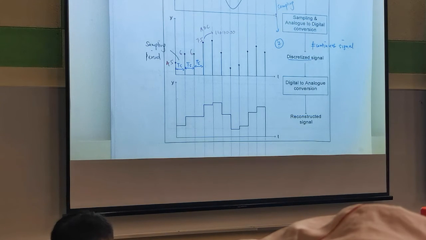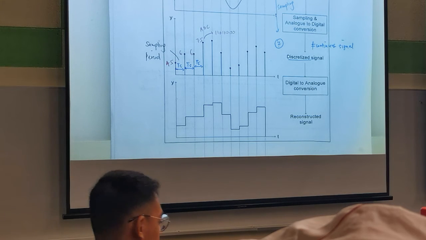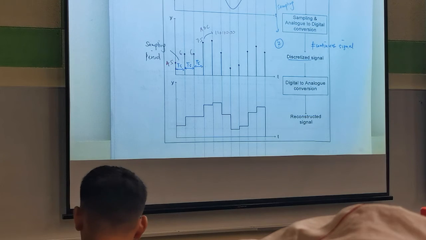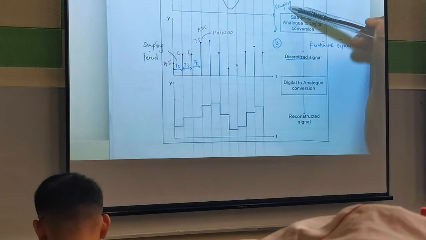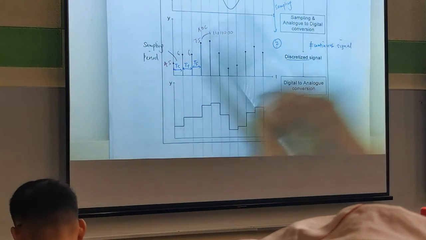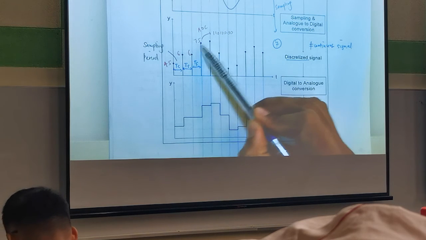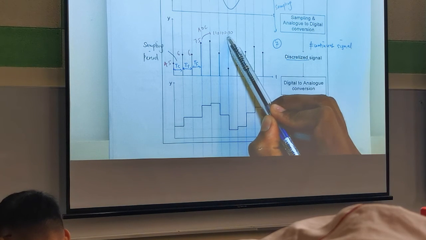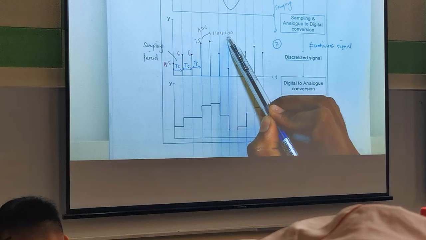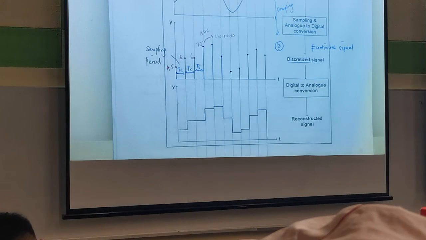Any questions so far? The change from graph 1 to graph 2 is sampling. The second part that's happening is the A to D conversion here, from the 7.5 to bits.